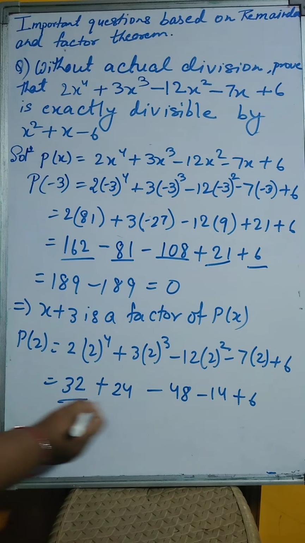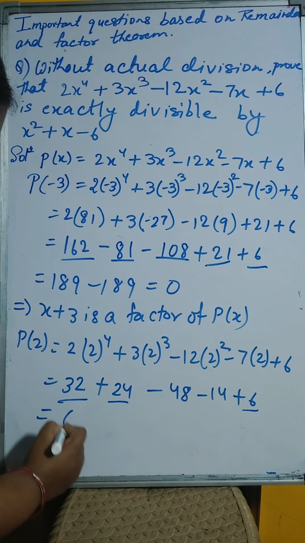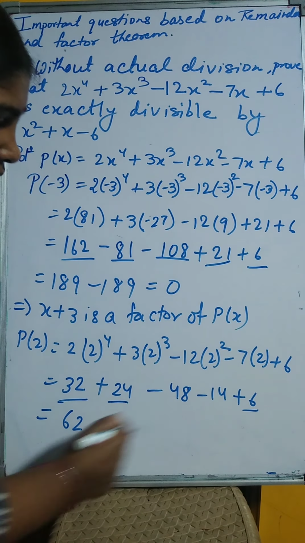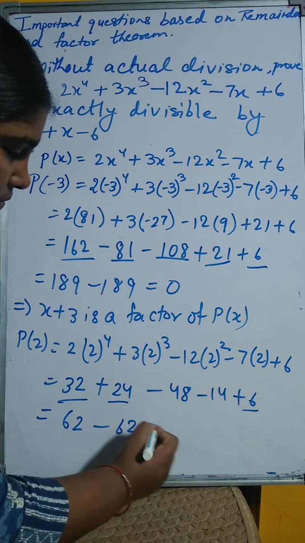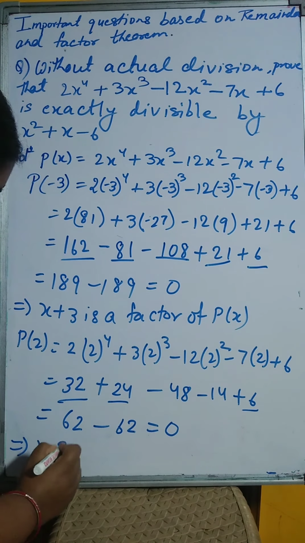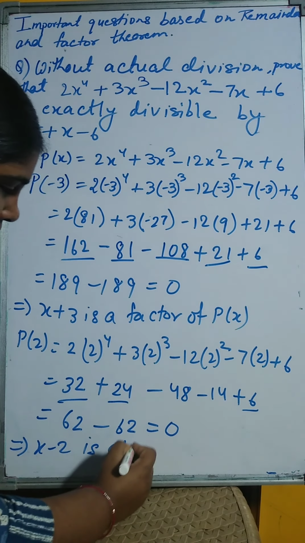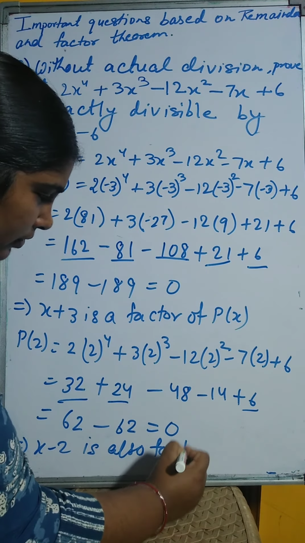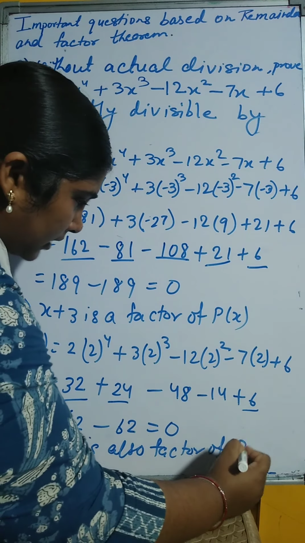When the positive terms are added, you get 62, and when the negative terms are added, again you get 62. Subtracted, you get 0. So this implies x - 2 is also a factor of p(x).